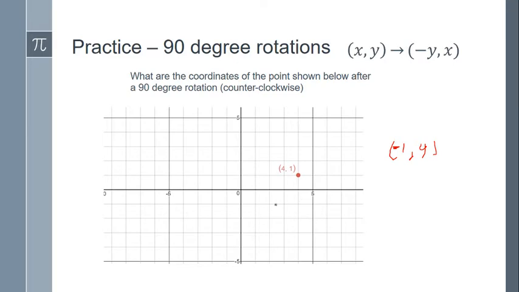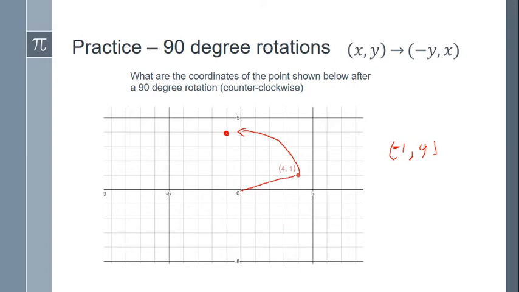So I can go ahead and plot that. Here's (-1, 4) on the graph, and we can see that that is a 90-degree rotation counterclockwise. We shifted it. Imagine turning that graph paper. Another point to make when we're rotating points is that the distance from the origin, the center of rotation, does not change.